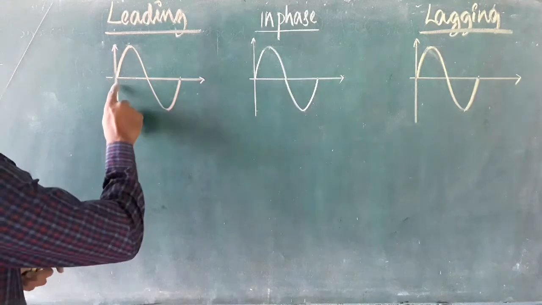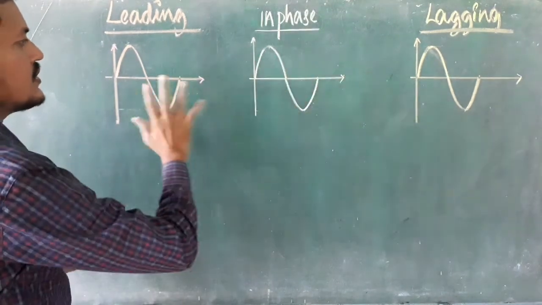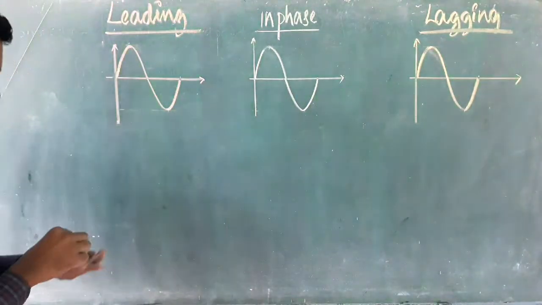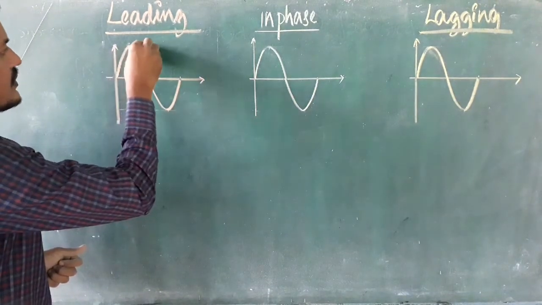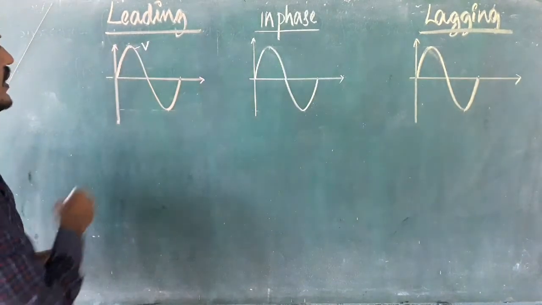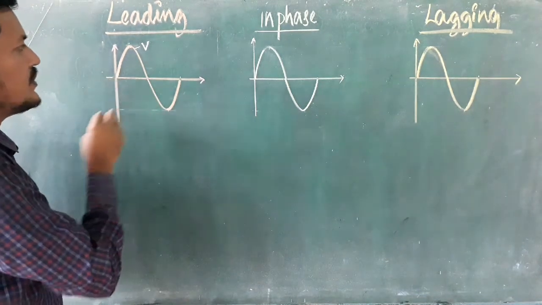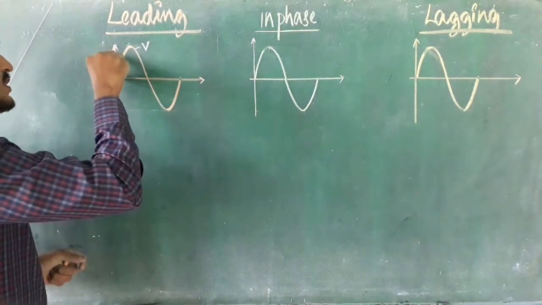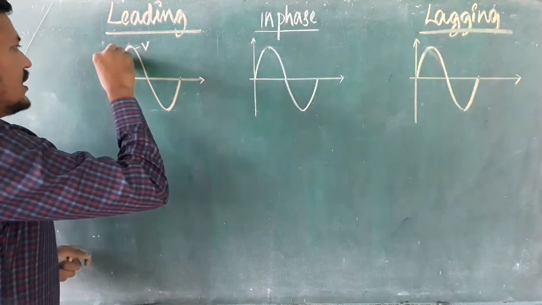So I have drawn a reference waveform here, for three conditions. For leading, suppose this one is taken as the voltage, and next I am taking the leading condition. The leading waveform is the current. We all know that a leading waveform starts above the x-axis, so I am starting here.